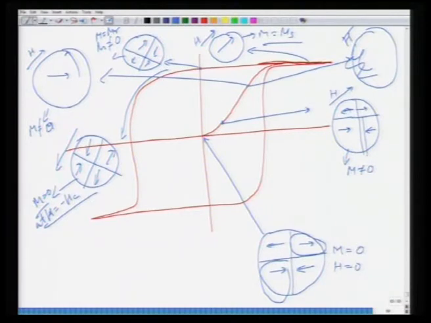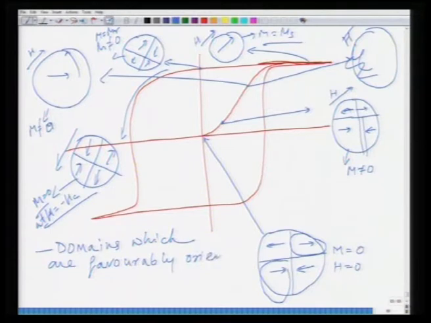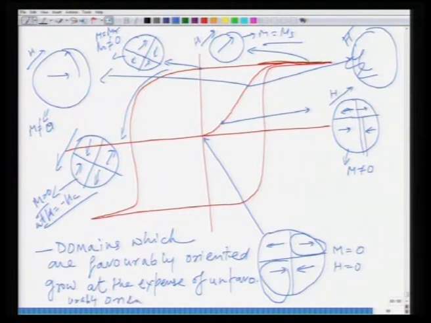So, here the difference with respect to ferroelectric material is domains which are favorably oriented grow at the expense of unfavorably oriented domains.